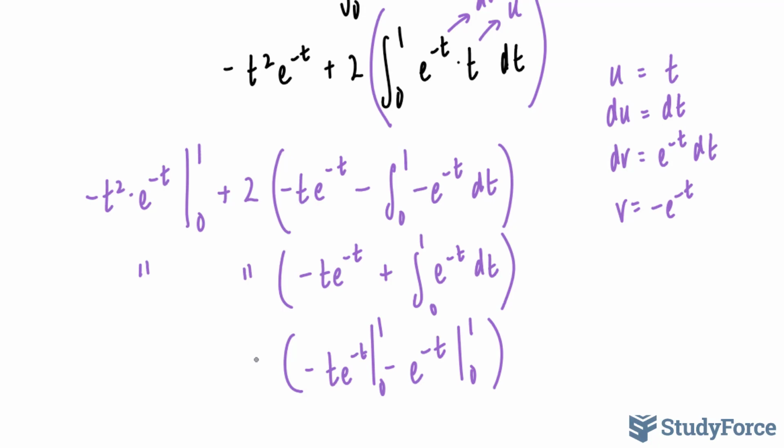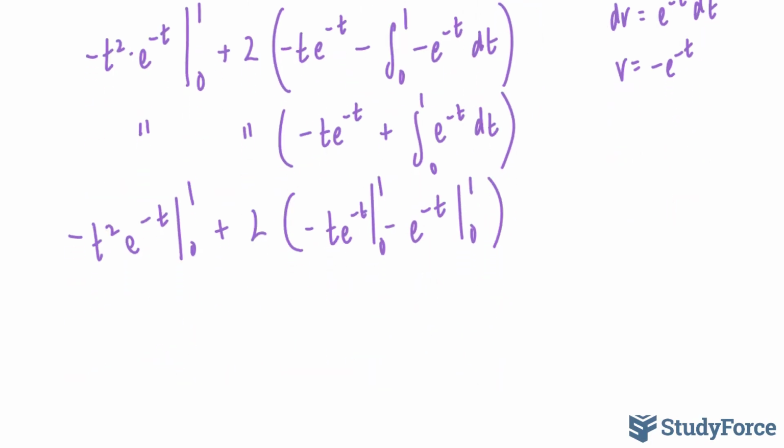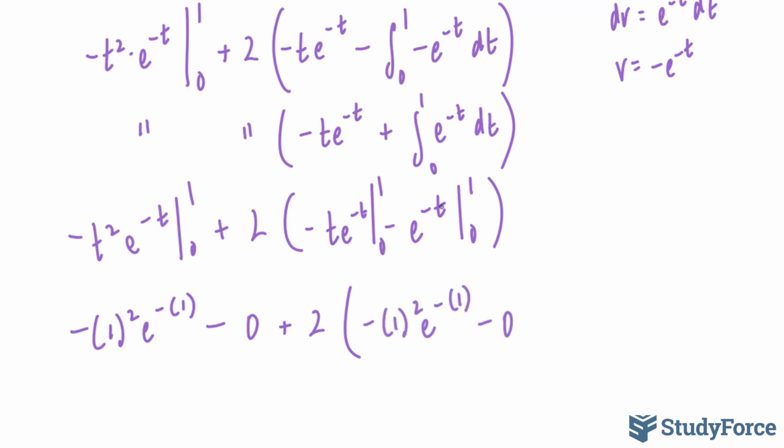And now we have an expression that could potentially give us the answer. Now, of course, this would require a lot of calculator work. So negative 1 times e to the power of negative 1 minus, this all goes to 0 if you apply 0, plus 2 times, you end up with negative e to the power of negative 1 minus e to the power of negative 0.